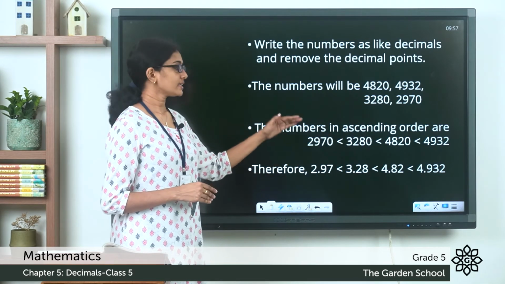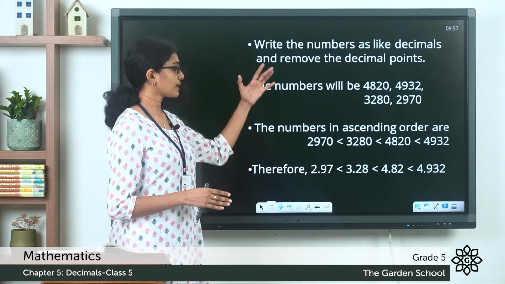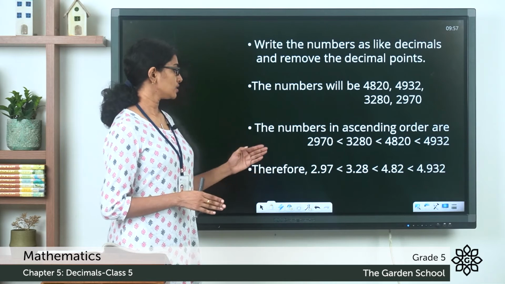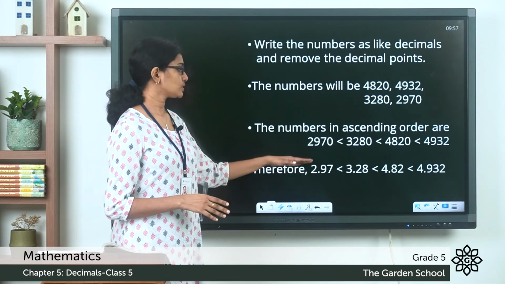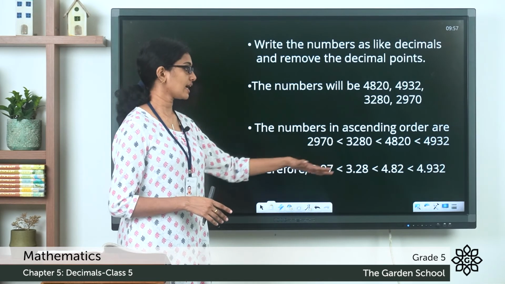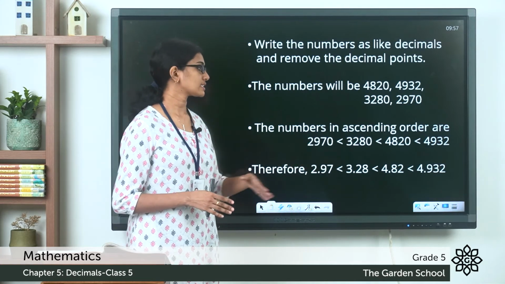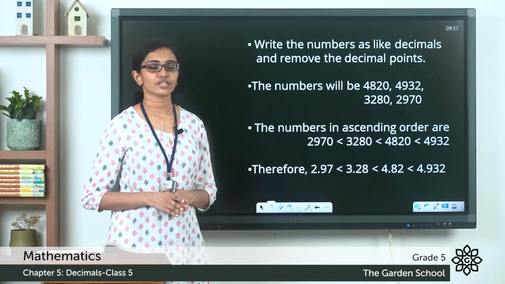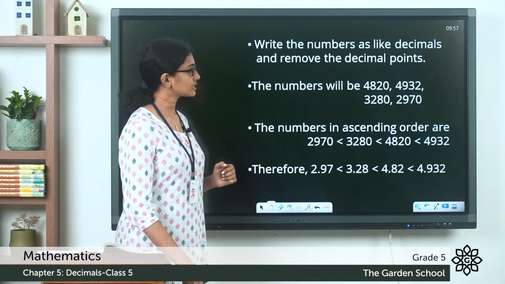Let's write the corresponding decimal numbers here. So the ascending order will be 2.97 less than 3.28 less than 4.82 less than 4.932. I hope you are clear with this.